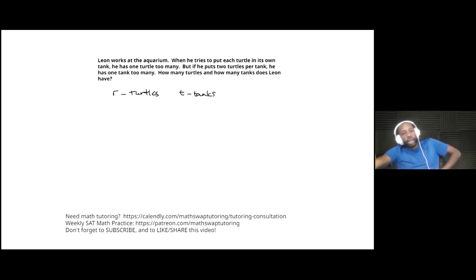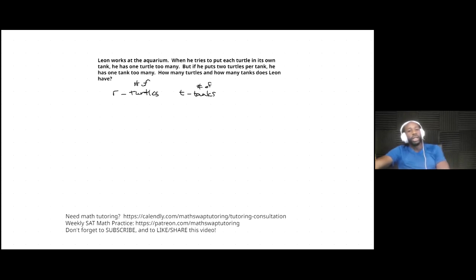So R is the number of turtles, and T is the number of tanks.